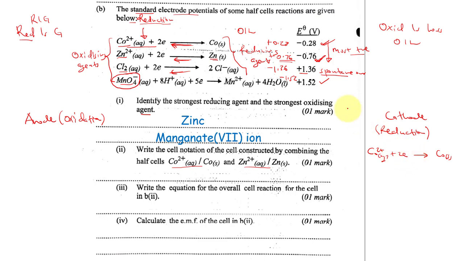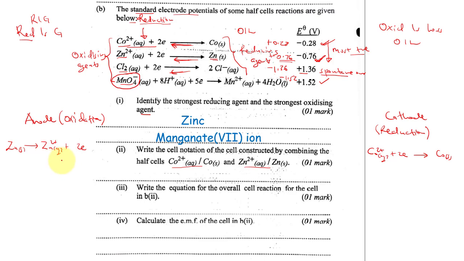So these 2 electrons must come from the less positive, which will be our zinc. So in this case we are going to have a backward reaction occurring at the anode, meaning that zinc will lose 2 electrons to form zinc 2 ions aqueous and the 2 electrons.